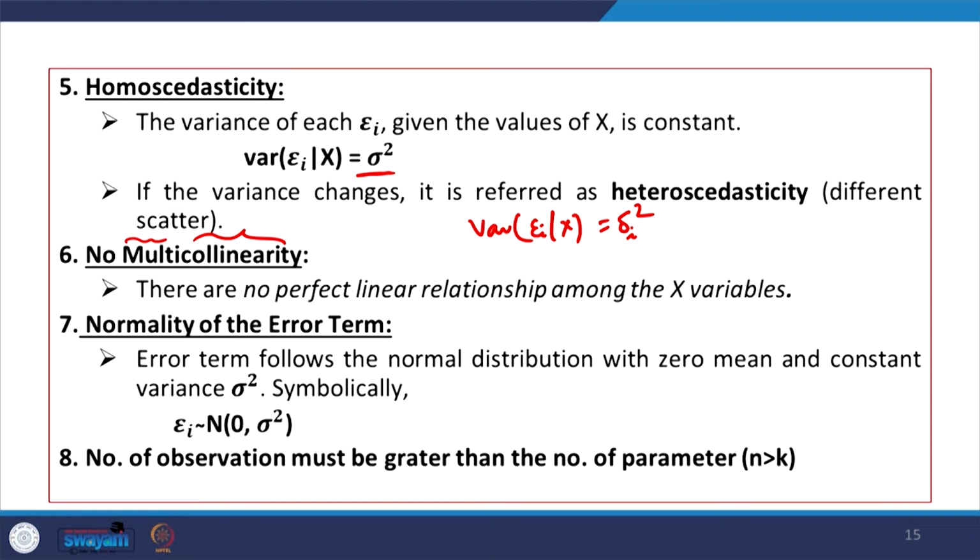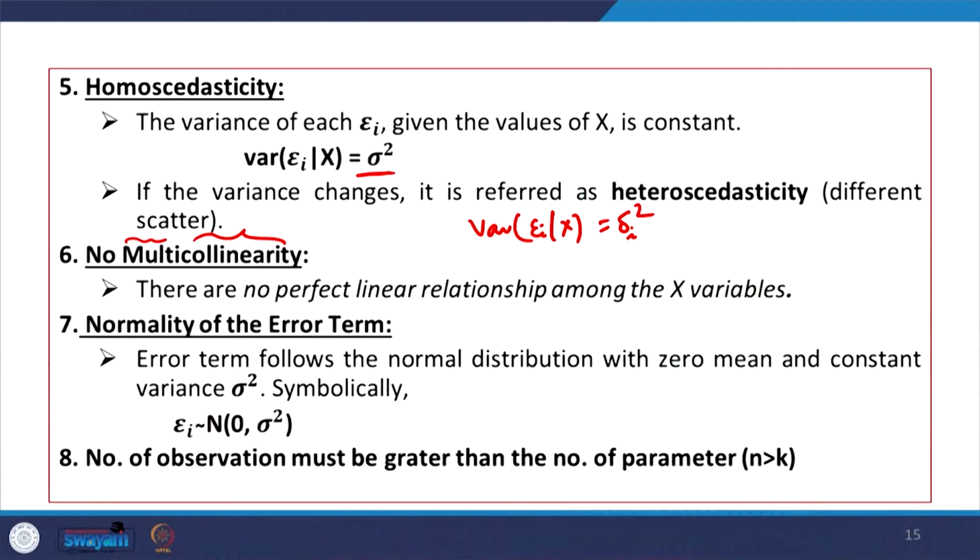If there exists some linear or perfect linear relationship, then we are violating the OLS model. OLS is not going to be efficient, because from one beta value you want to predict something about y, but that beta value is not independent, it is explained by another independent variable. So, your model is not correctly estimated. Therefore, we have to assume a model with no multicollinearity.